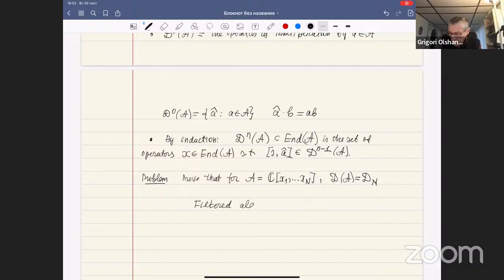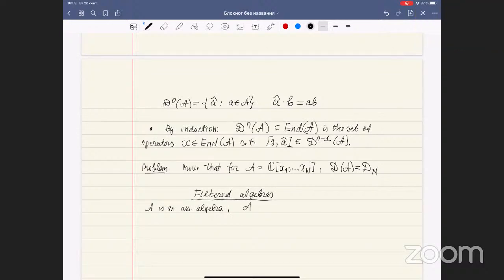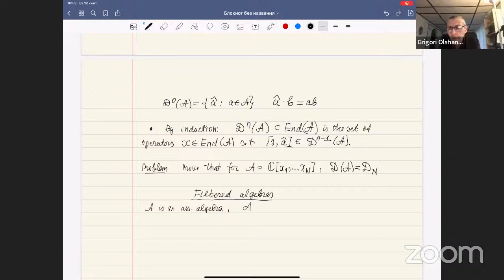I recall the definition. Assume that A is an associative algebra. It is said to be filtered if, any questions, please ask.